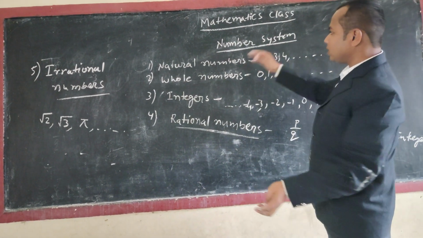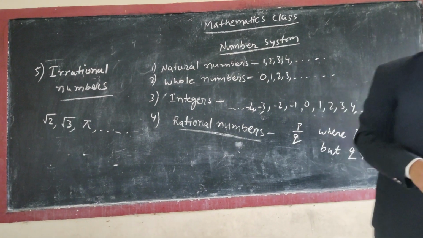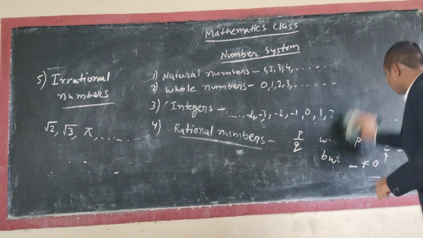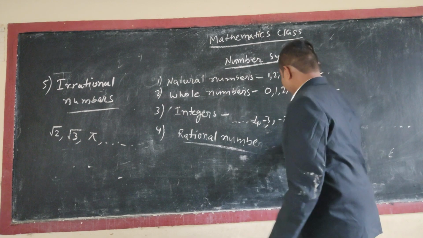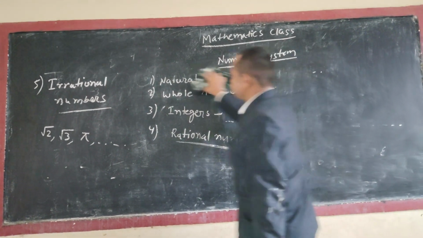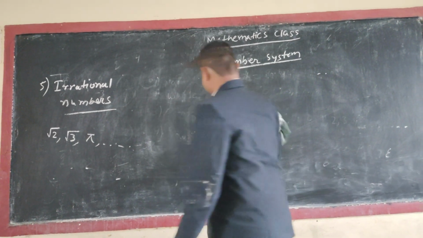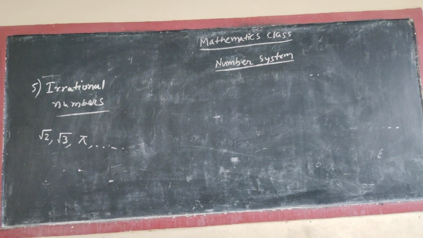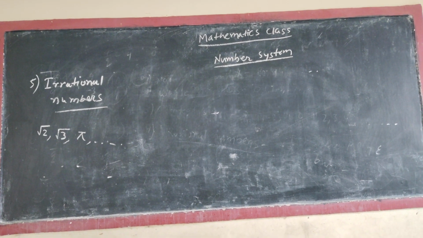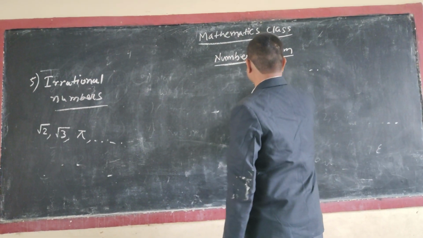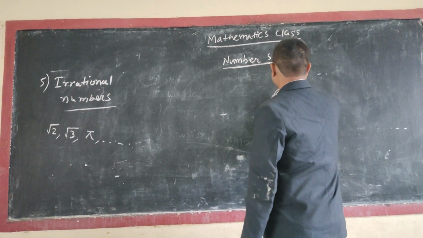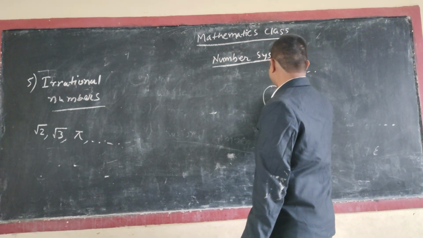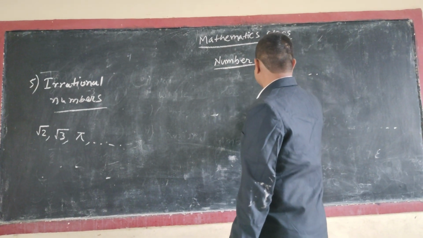So now we are going to conclude and summarize it. If this is a circle, it is the set of natural numbers.